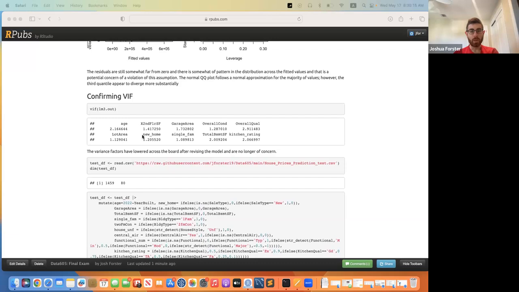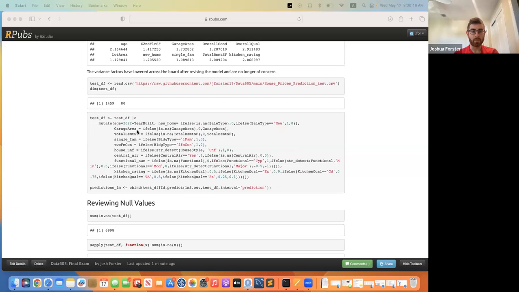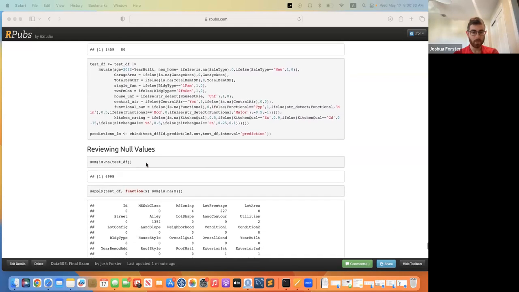So then bringing in the test data set and running some of the basic feature engineering on that test data set to make sure we use that, because some of the variables that were created are included in the model. So running the prediction on the data set.